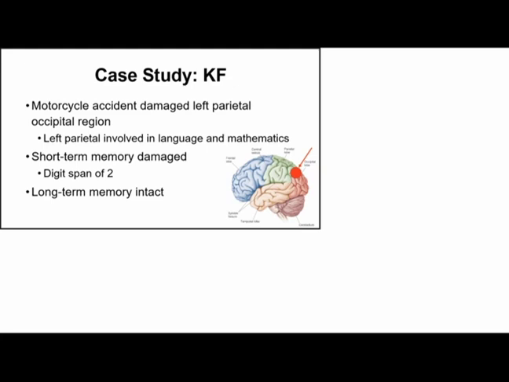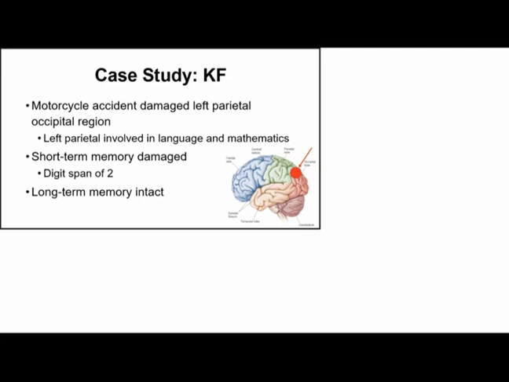And interestingly, it showed us that their long-term memory wasn't impacted here. Despite the fact that their short-term memory was damaged and could no longer hold on to information long enough to do anything with it, they were still forming long-term memories.